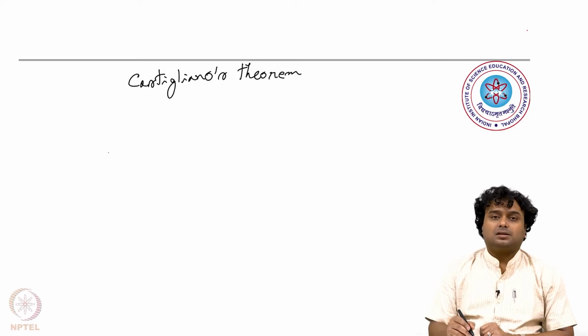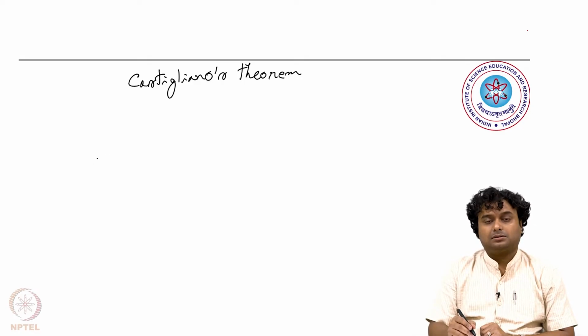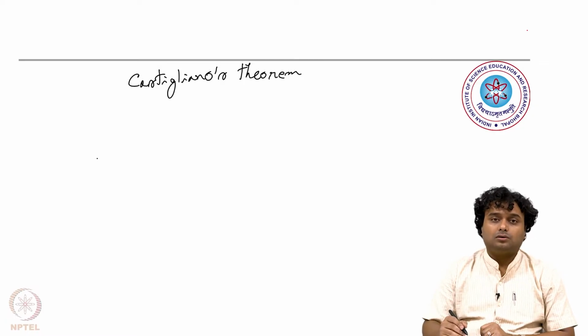This is very specific to mechanical engineering, and in the scope of this course we are not going to discuss what is there in Castigliano's theorem and how exactly it is derived. But we are going to use the result of this theorem, because that will be useful for solving different complicated beams.